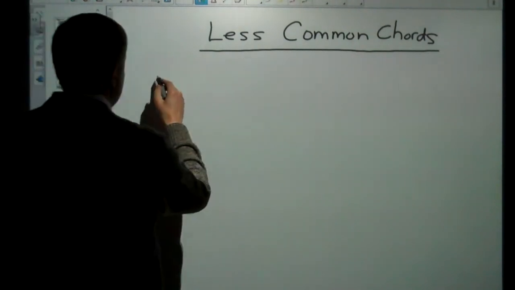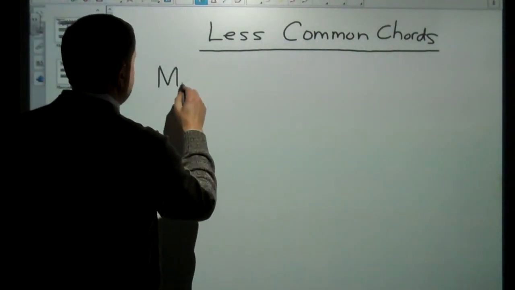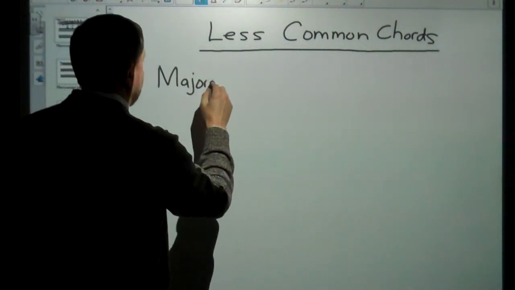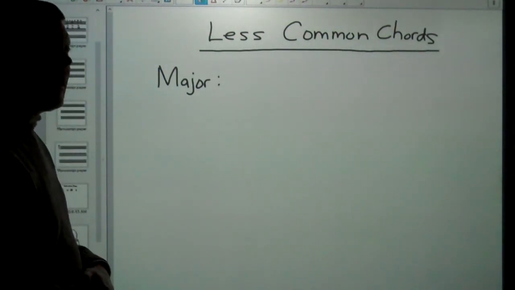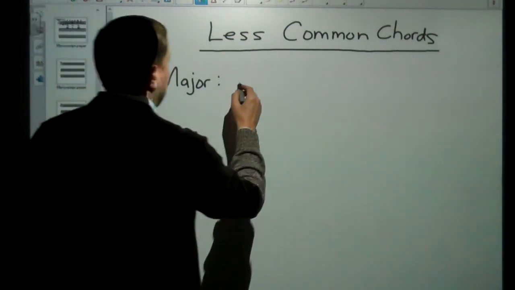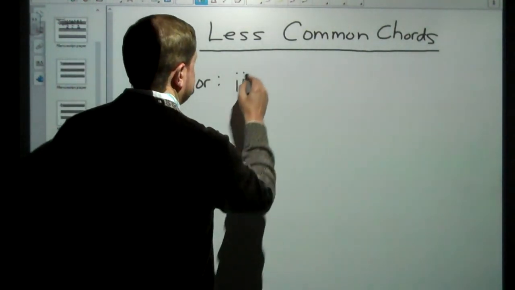As I said, in the major mode, or in major keys, one of the less common chords that we have not talked about yet and how to use in a progression is the iii chord.